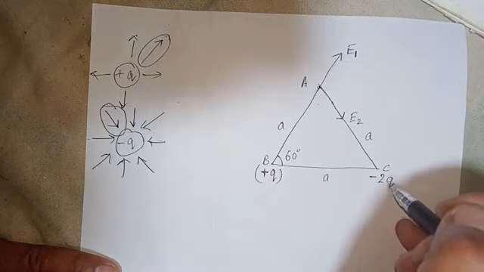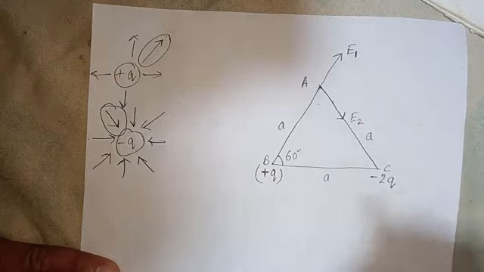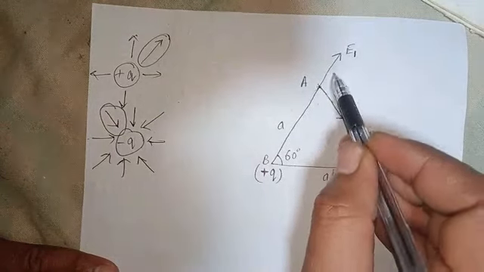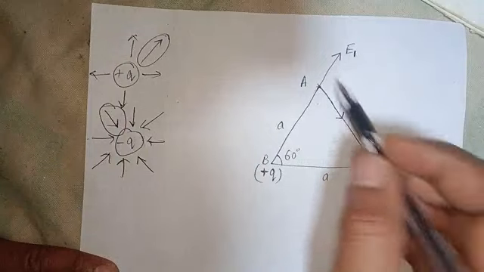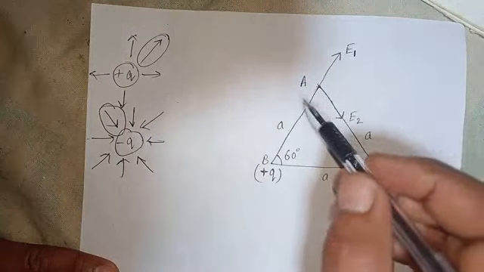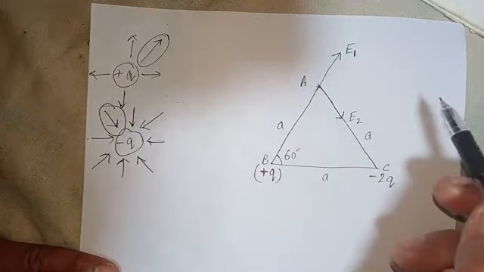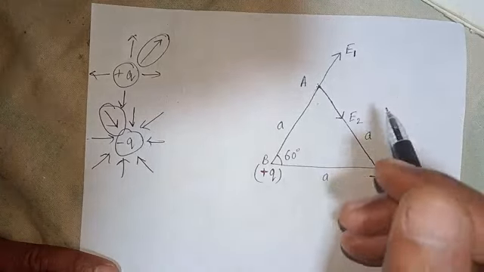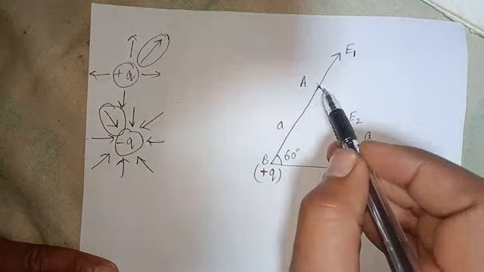That's why the electric field due to this charge is bigger. So we can see both electric fields are in different directions, so we have to make components of this electric field to get the net electric field at point A.